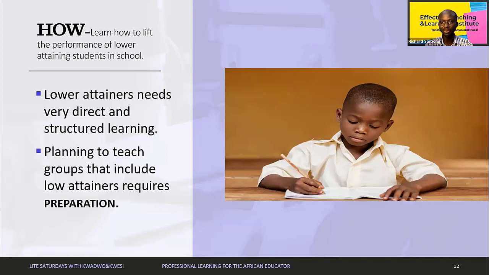It requires a lot of work. Maybe you have to prepare some worksheets. Maybe you have to have some additional resources, not just for the entire class, but for a set of them, your students that make little or no progress in your class.